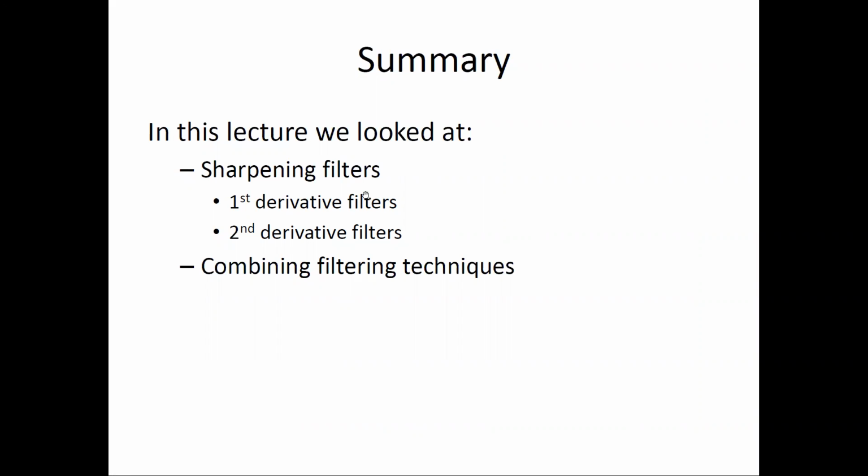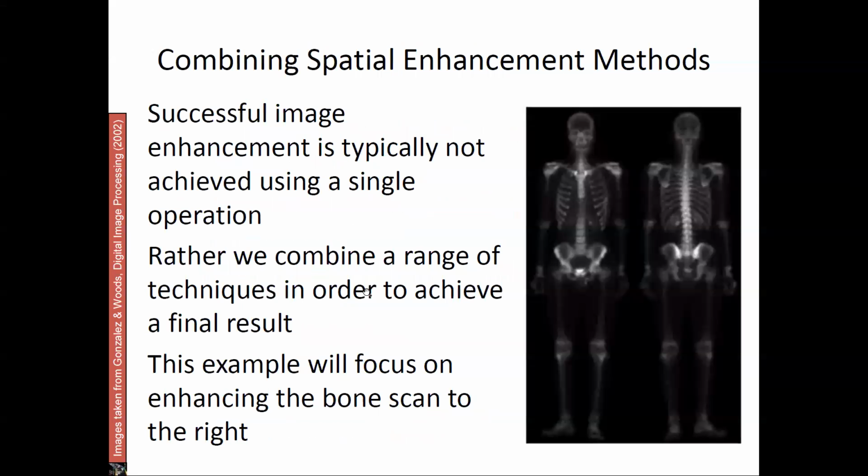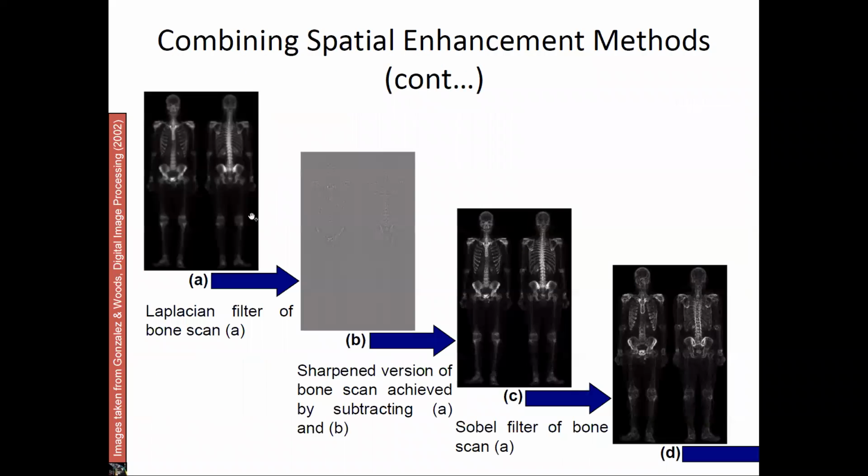If we look into this, we can see the combining of the filtering techniques. This is a successful example where we have this skeleton image which we want to modify step by step.